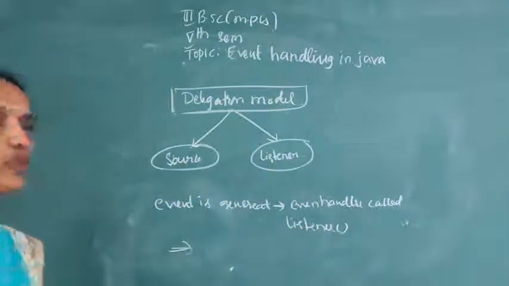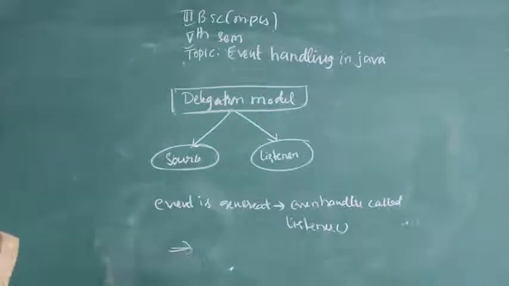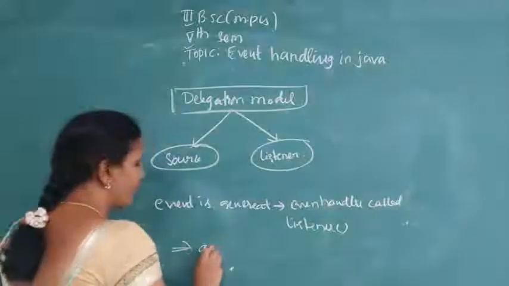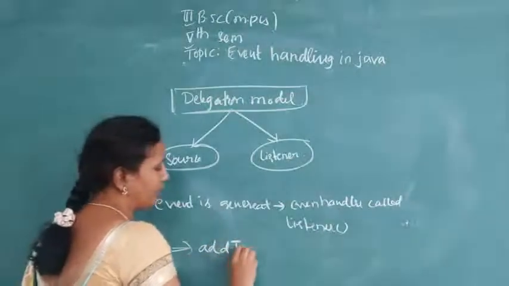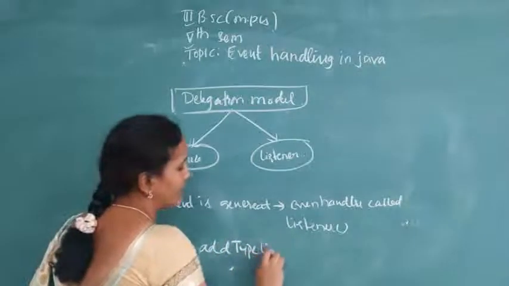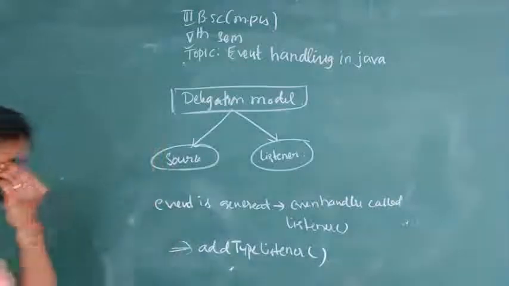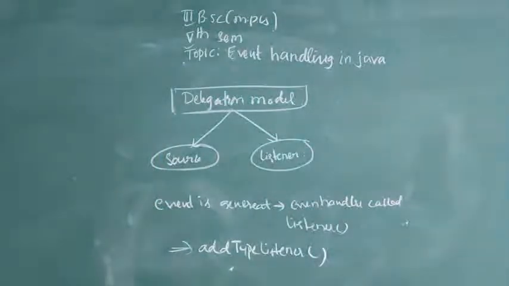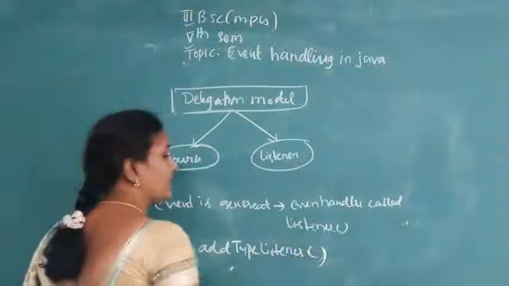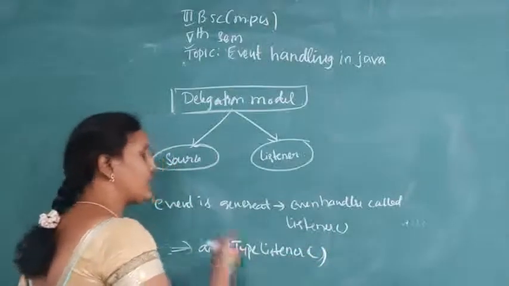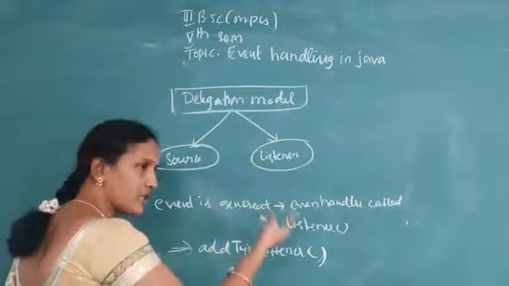Now I will give you the method like this. First, you need to give the add keyword. Next, type, and then listener. Okay, add, type and listener. Here, add type listener is a method. Using this, the source can register with the listener.